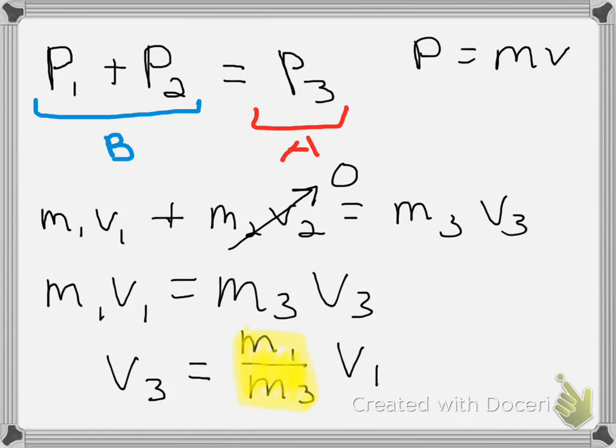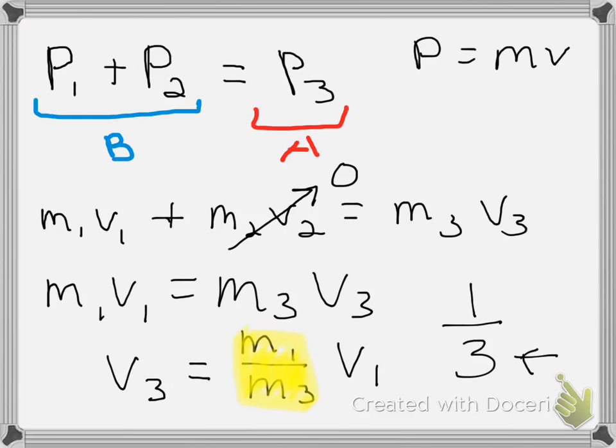How do I know that? Well, as we pointed out in class, M3 is a combination of M1 and M2. So clearly, M3 has to be bigger than M1. And in any sort of fraction, if your denominator on the bottom is bigger than your numerator, you have a fraction whose value is less than 1. As an example, 1/3. The denominator here is bigger than the numerator here, so this fraction is less than 1.